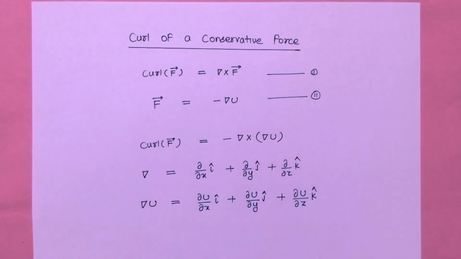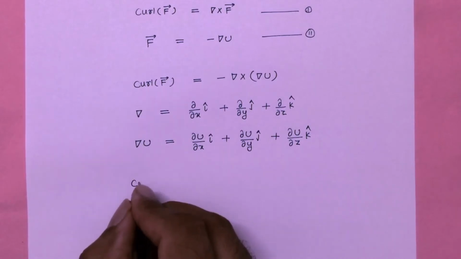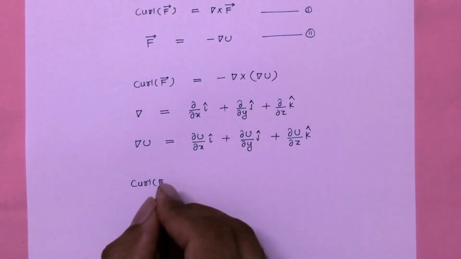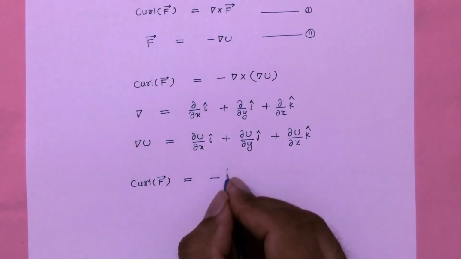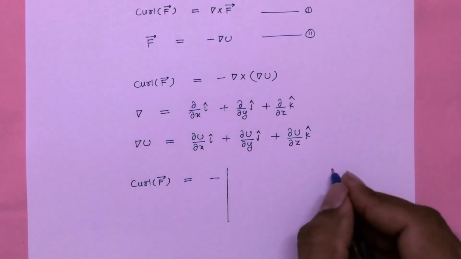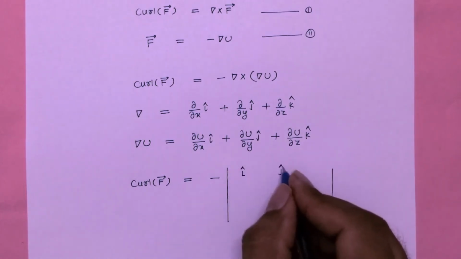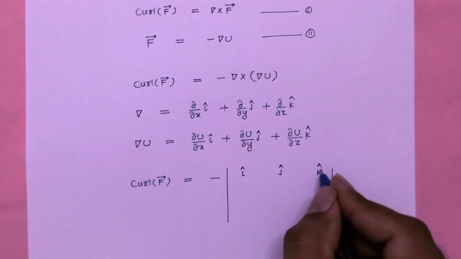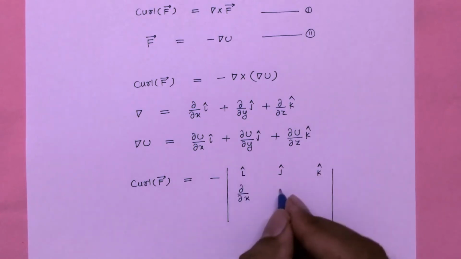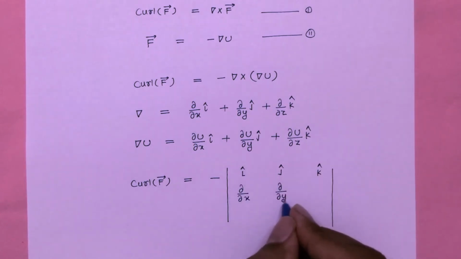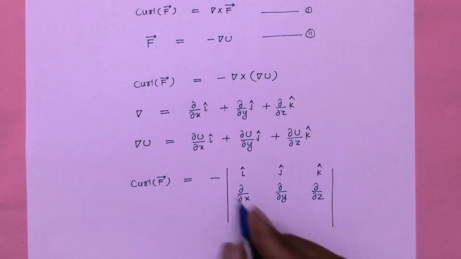Now we have the value of del u, that means the gradient of u. Now taking the curl of the gradient of u, we will have curl of F equal to the determinant of i cap, j cap, k cap, then writing the values of the operator, partial over partial x, as we are taking the cross product, partial over partial y, partial over partial z.